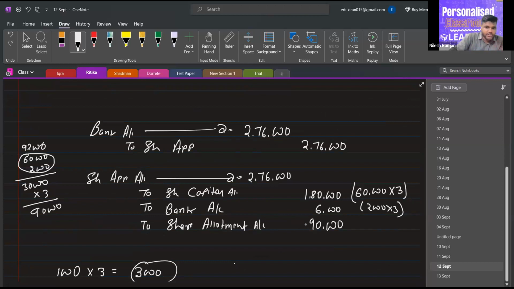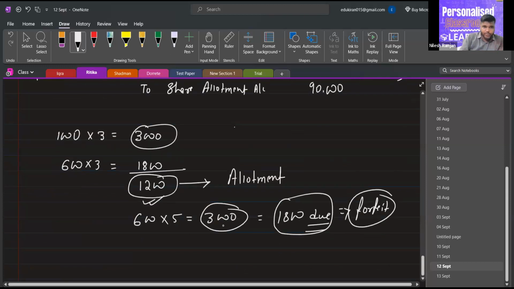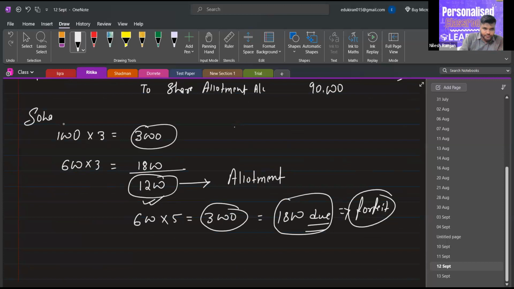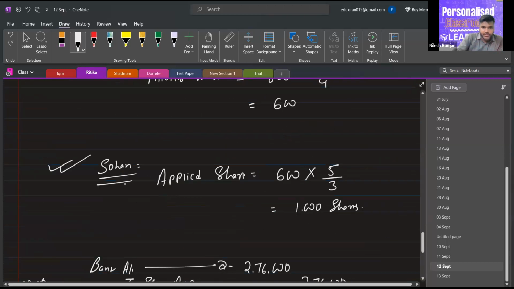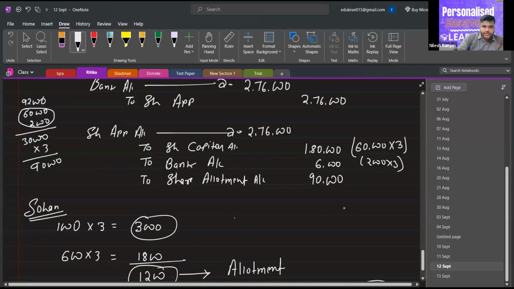Okay, so 90,000 is adjusted against share allotment. Now, the person Sohan, we have calculated his value. Yes, here 600 into 5 by 3.